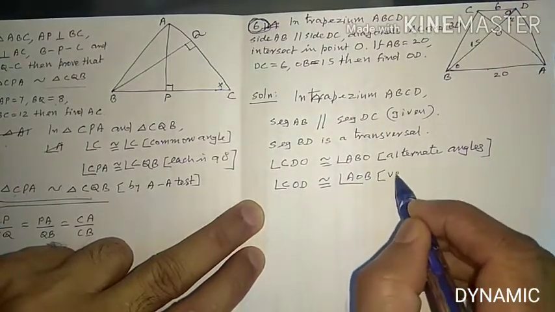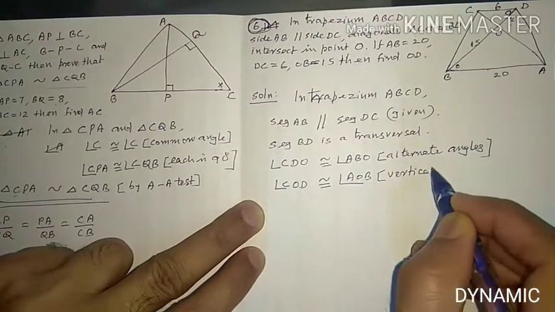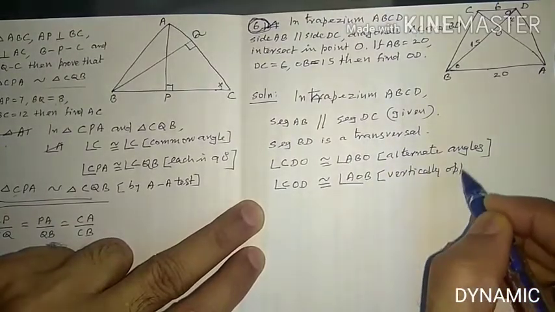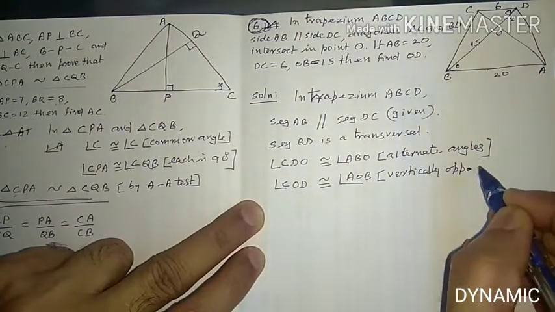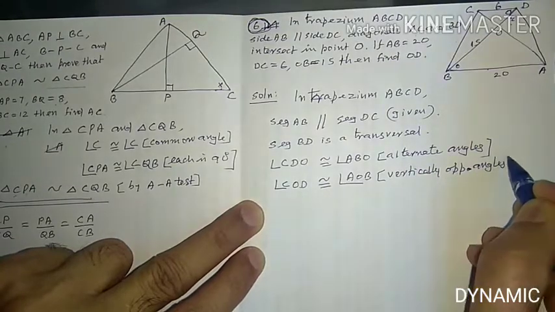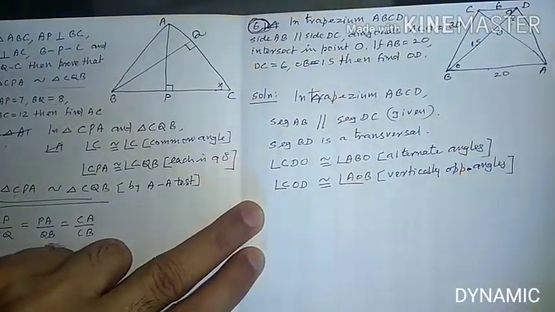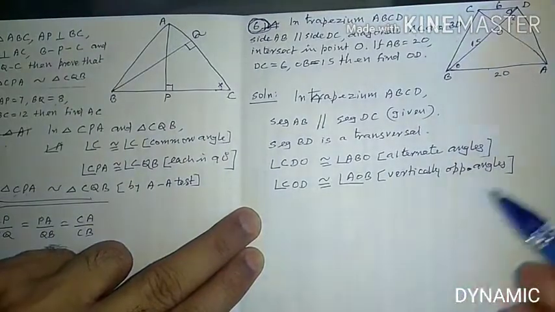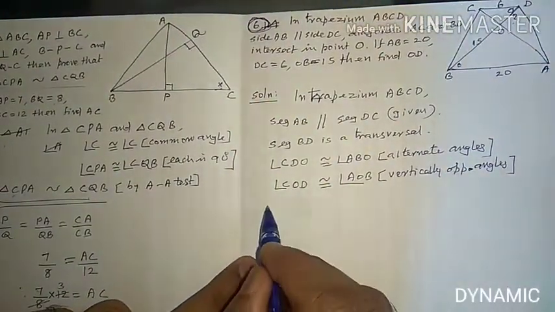What can we say now? Vertically opposite angles are congruent. Two angles are congruent, so we can say the triangles are similar.